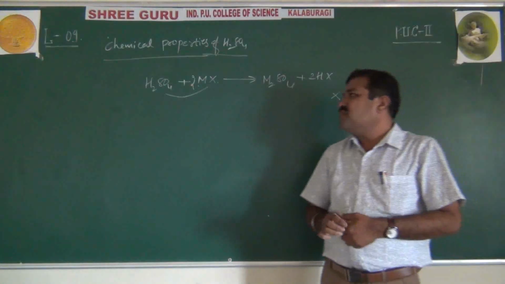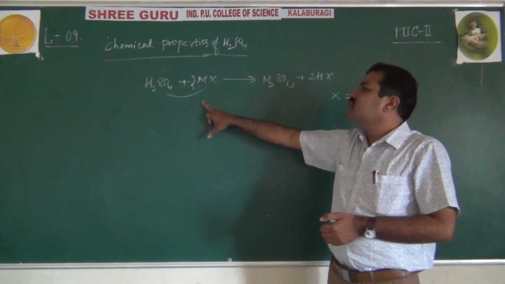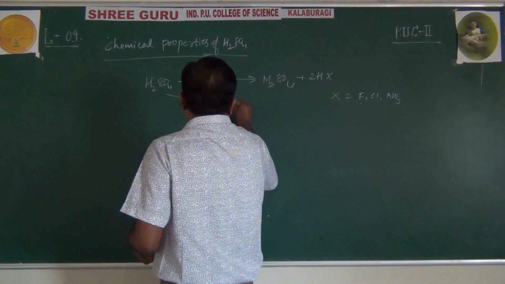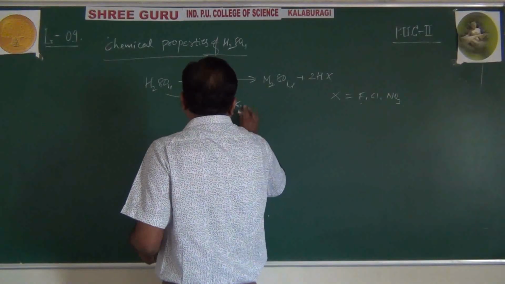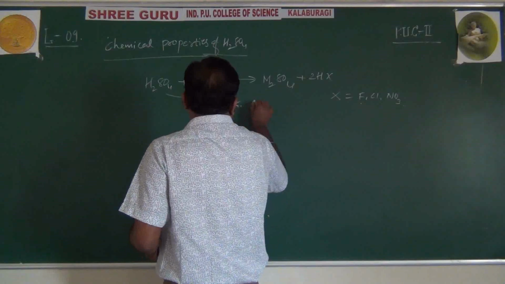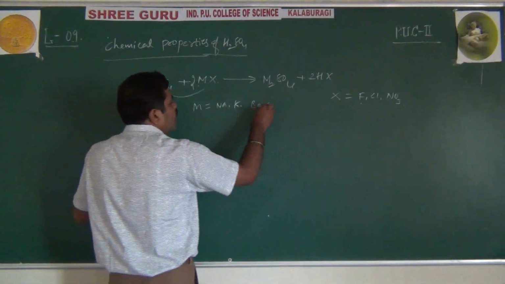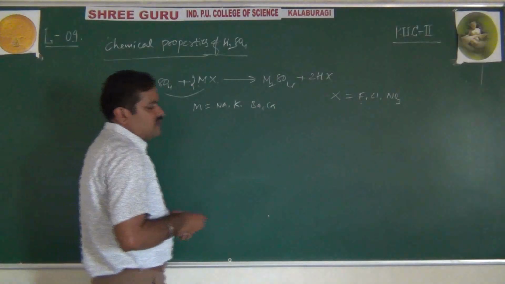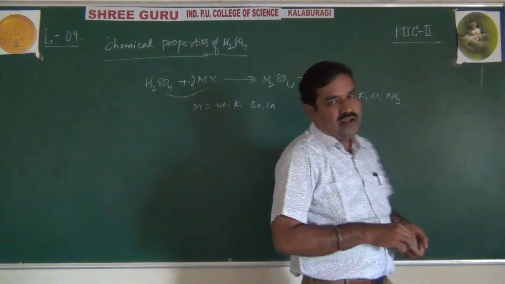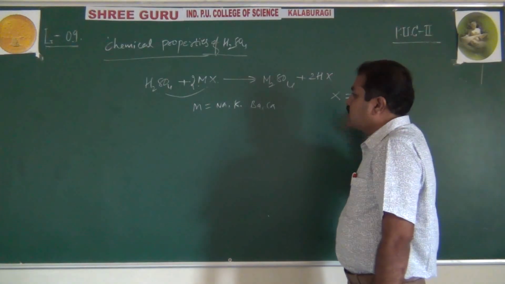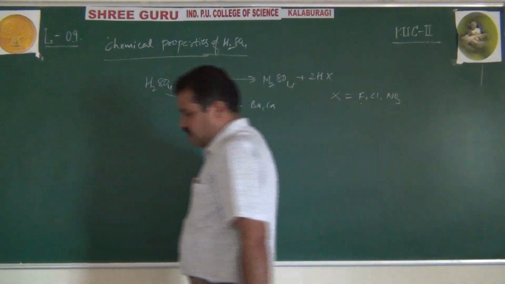Metals may be sodium, potassium, barium, calcium, any metals. All form the respective metal sulfates along with their respective halides. That's the first reactivity, with metal halides.